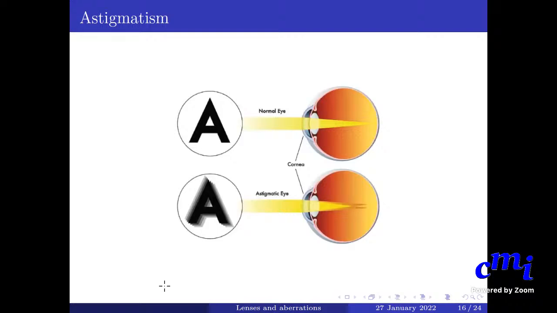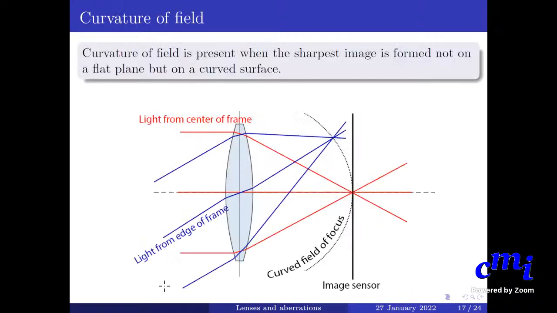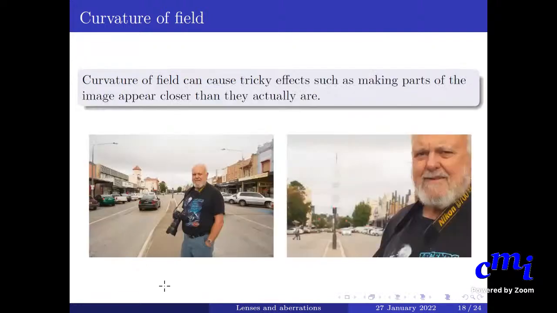Curvature of field is when the various rays, instead of focusing on a straight plane, which is the sensor, focus on different points which form a curve.